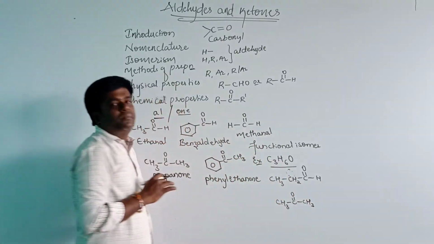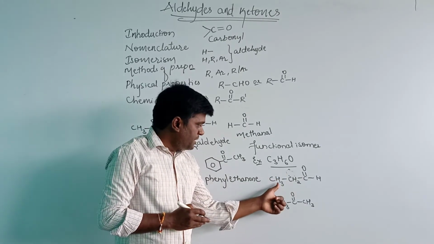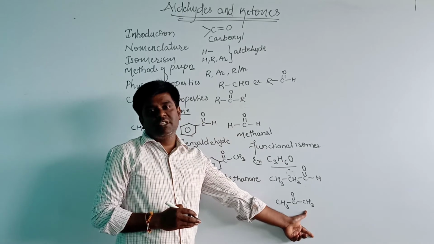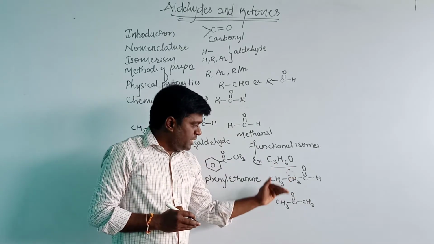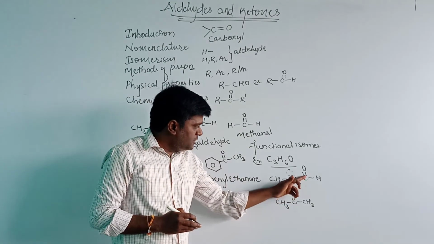In both the compounds, the number of carbon atoms is 3, the number of hydrogen atoms is 6, and the number of oxygen atoms is 1. Both have the same molecular formula but differ in the functional group.